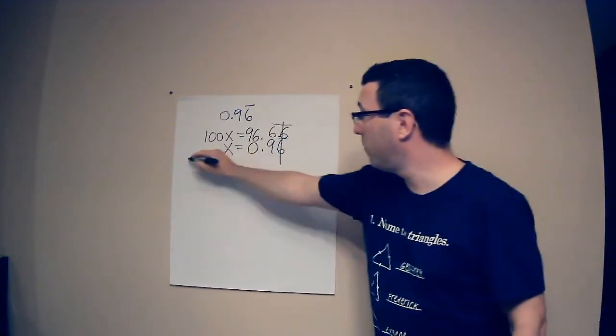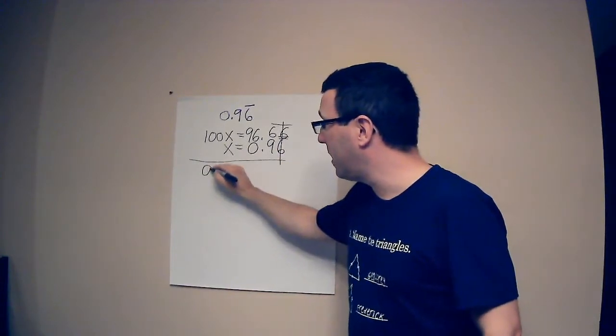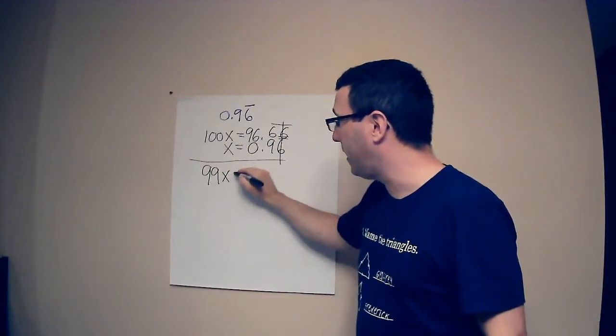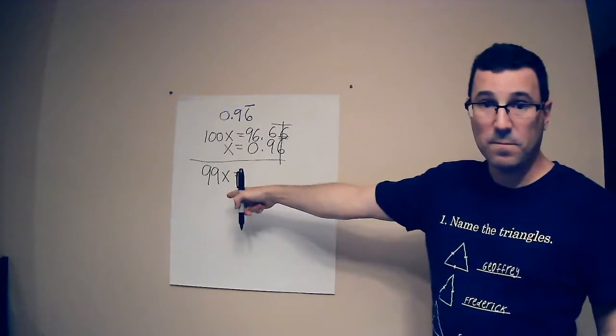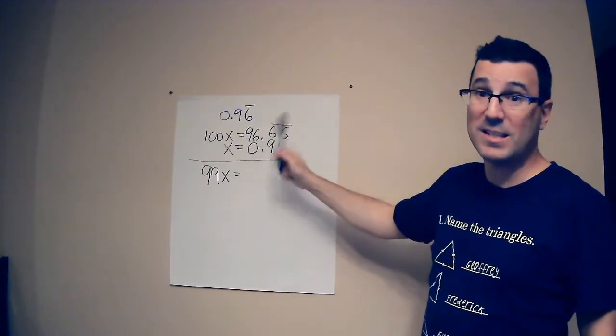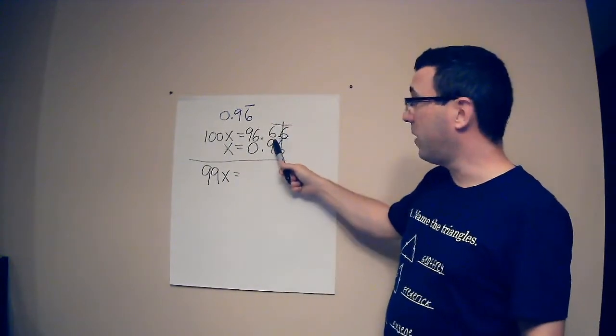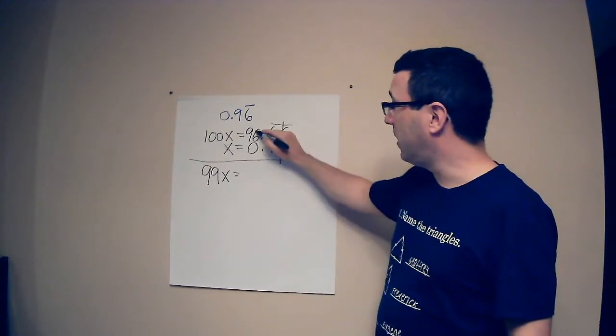Here, when I do my subtraction, I'm still going to get 99x over here, but over here, I'm not getting a single whole number, I'm getting something that still has a decimal. So when I do this, I'm going to have to borrow from here.